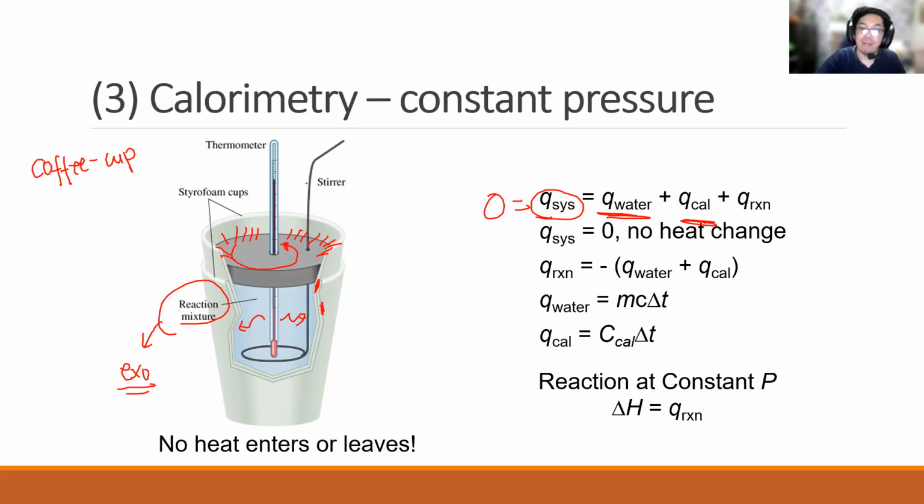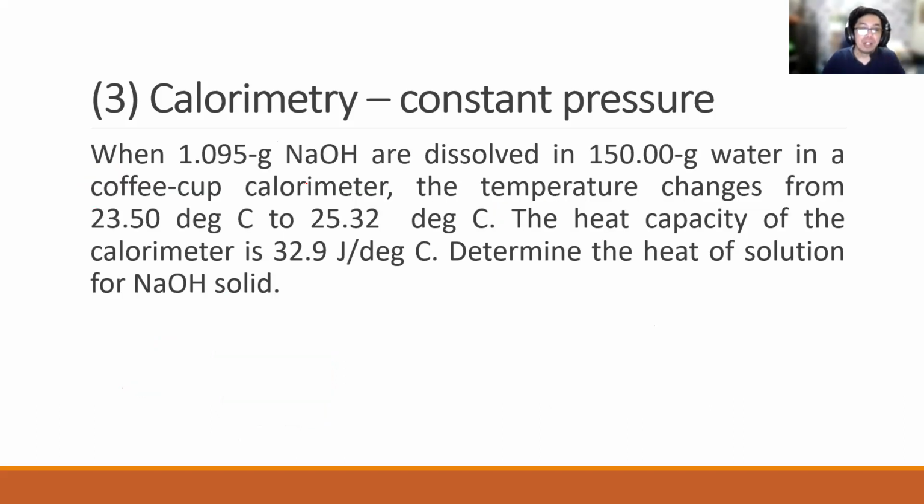Okay, so let's have our example now. Here, this is not a reaction. Please take note, this is not a reaction. When 1.095 grams of NaOH are dissolved in 150 grams of water in a coffee cup calorimeter, the temperature changes from 23.5 degrees Celsius to 25.32 degrees Celsius.